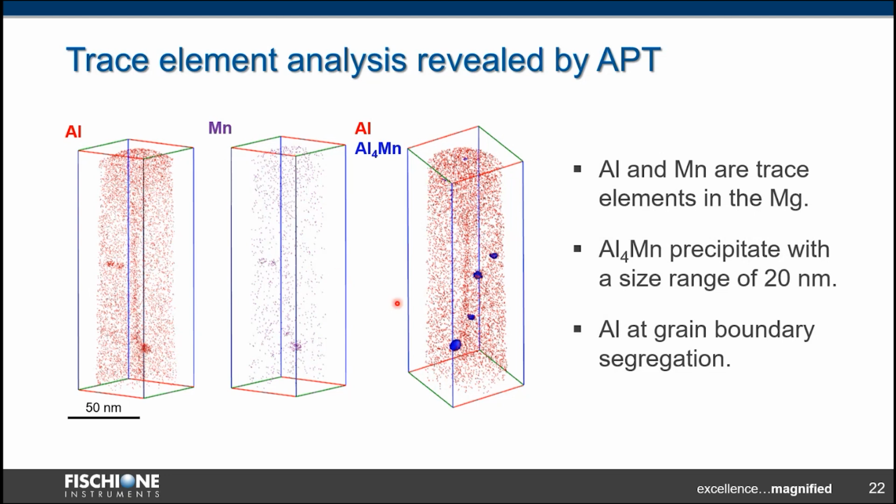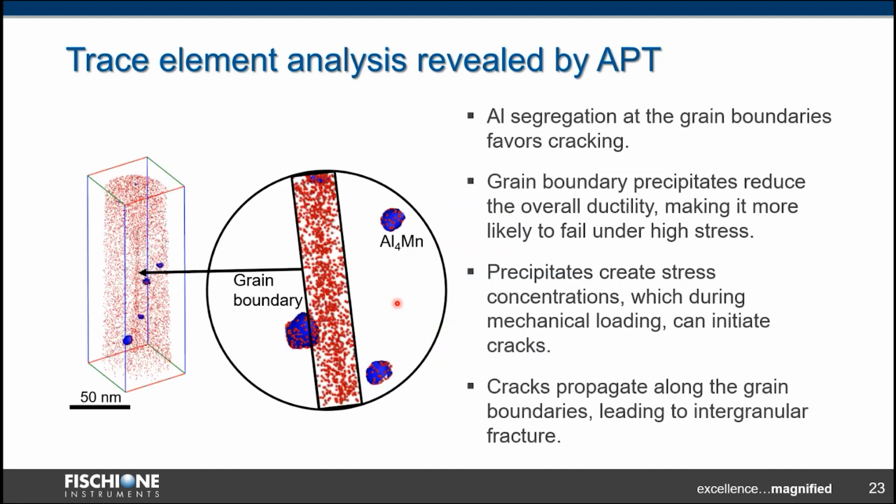So now you can link this observation to the properties and answer the question why we observe crack propagation in the recrystallized small grain area. In this illustration, we can clearly see aluminum at the grain boundary and aluminum-manganese precipitates. Some of them are very close to the grain boundary, as you can see here.